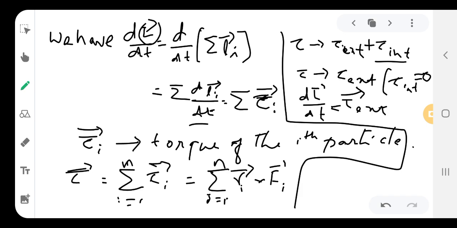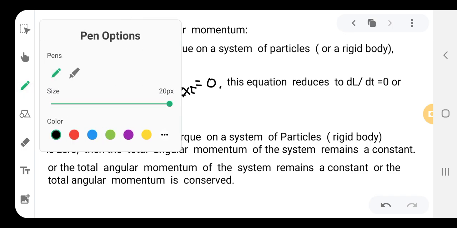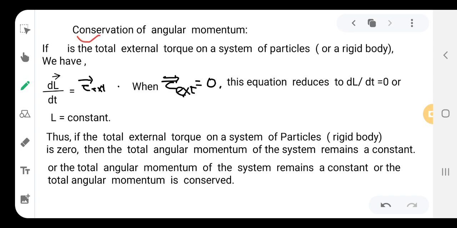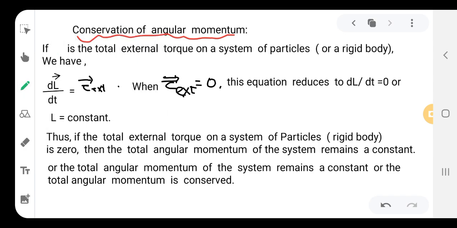Hope you have understood. Now we'll move on to the conservation of angular momentum. Let us see what the conservation of angular momentum is. Tau external is the total external torque on a system of particles.